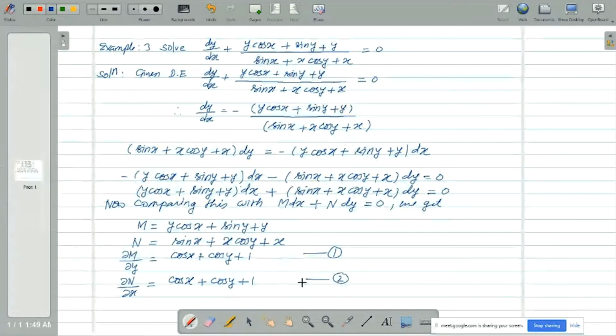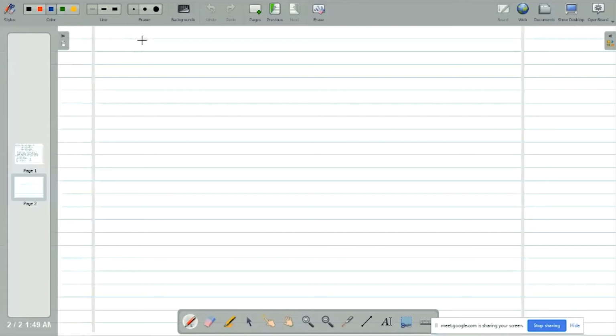Now observe 1 and 2. From 1 and 2 we can see that cos x equals cos x, cos y equals cos y, and plus 1 equals plus 1. Both are equal. So from 1 and 2 we can say that ∂M/∂y = ∂N/∂x.